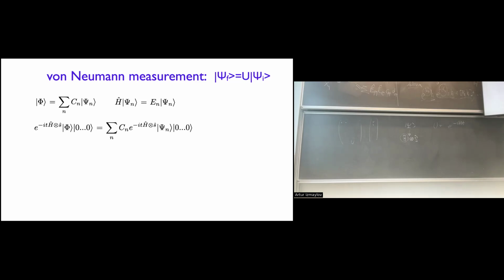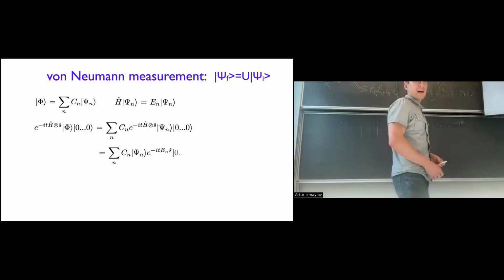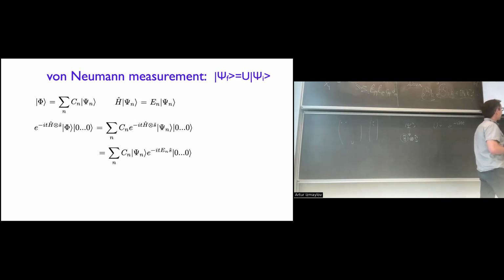So when this magical operator of ours meets every psi n, which is an eigenstate, its H part will turn into the eigenvalue. And then that eigenvalue will be a coefficient in front of the shift.